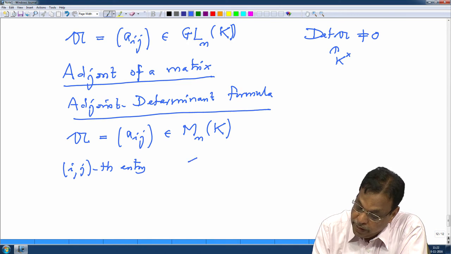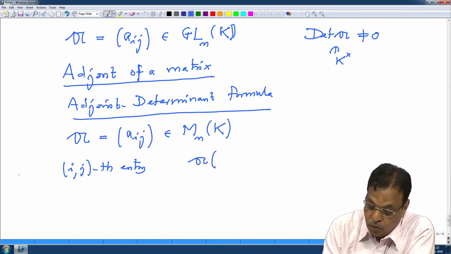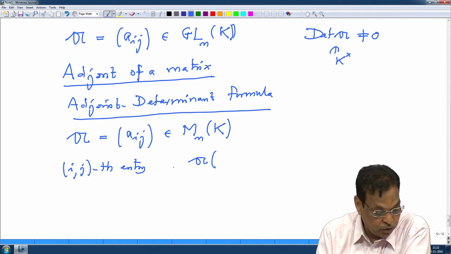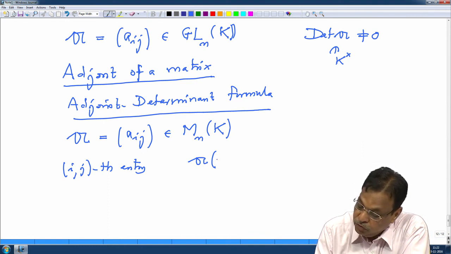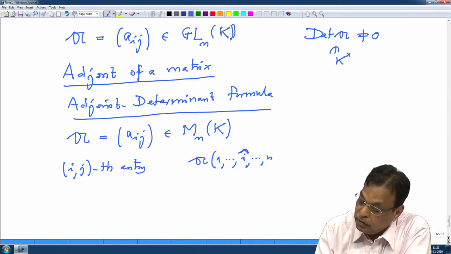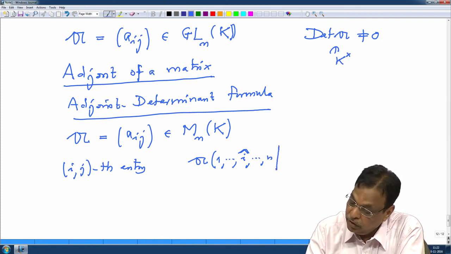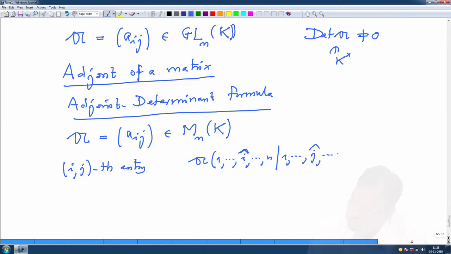From the matrix A, I remove the ith row and jth column. The notation is: 1, ith row here, up to n, these are all rows, and I will put a cap on i. This means I have removed the ith row. Similarly for 1 to n columns, with a cap on j, I have removed the jth column. So I got n minus 1 rows and n minus 1 columns, a square matrix of order n minus 1. So this is a matrix in M n minus 1 K.